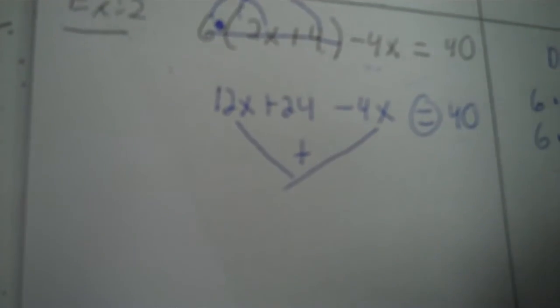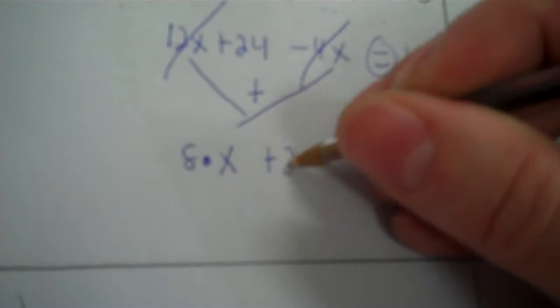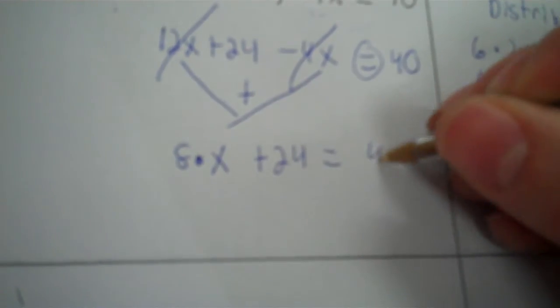Now what are we adding here? We're adding a positive 12 and a negative 4. So it's 12 plus negative 4. That's 8. So it's x with an 8. Then I have my plus 24 still, and then equals 40.